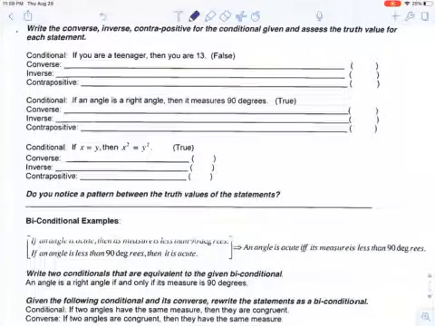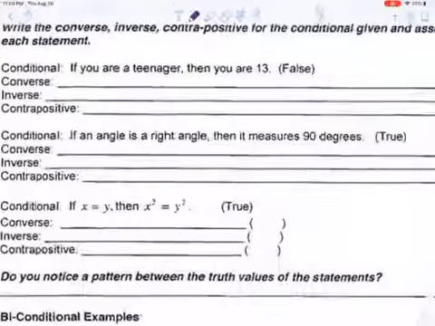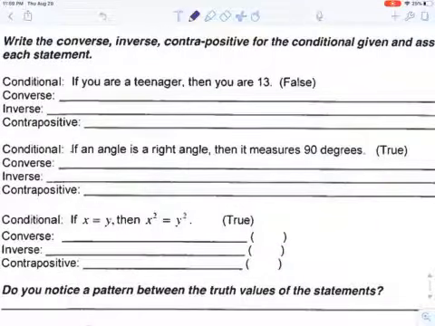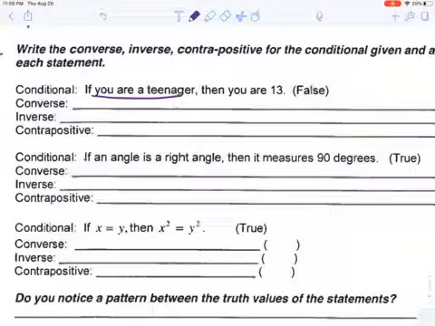All right, so we've moved on to the last page and we're practicing writing our converse, inverse, and contrapositive. So we already learned and you just read that a converse means you have to flip it. So we're going to flip the hypothesis and the conclusion.